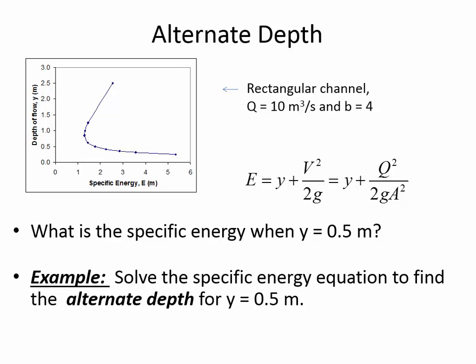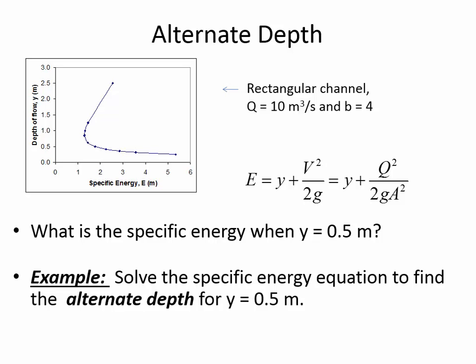We're going to do this for a 4-meter wide channel. We have some depth Y, and we're going to see for Y equals 0.5 meters, what is E? And we've got Q equal to 10 cubic meters per second.